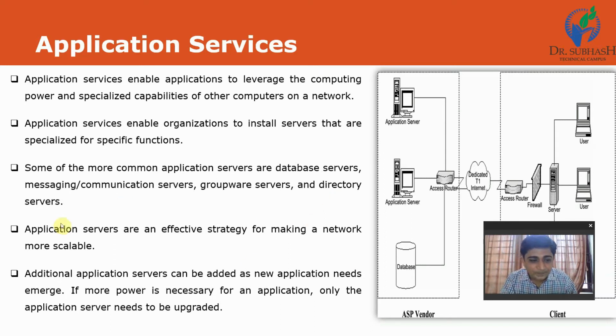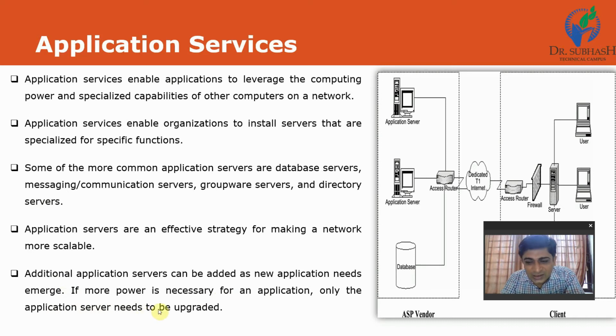Application servers are an effective strategy for making a network more scalable, more powerful, more capable. Additional application servers can be added as new application needs emerge. If more power is necessary for an application, only the application server needs to be upgraded.